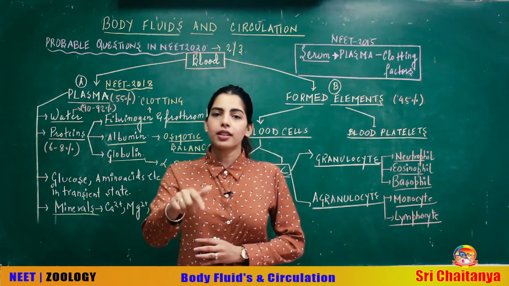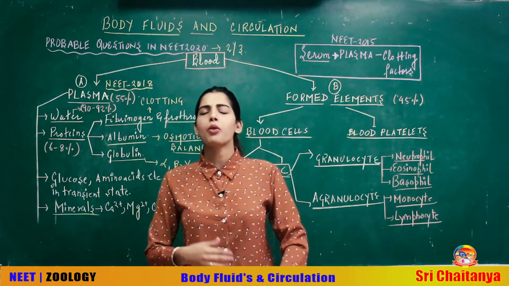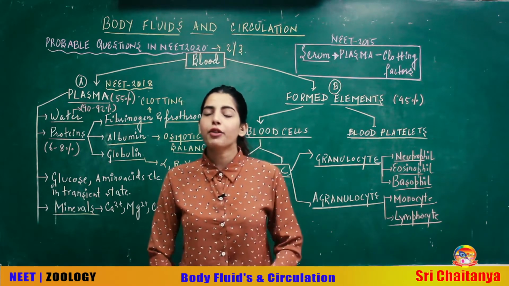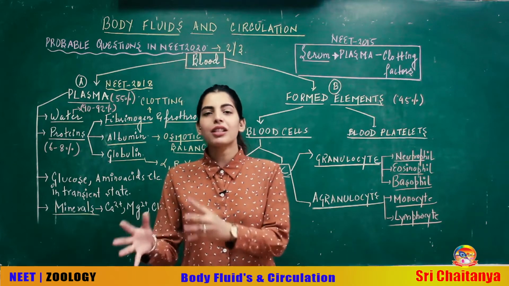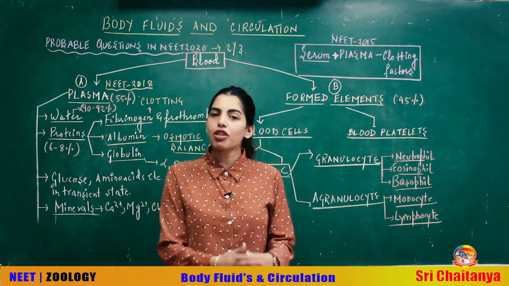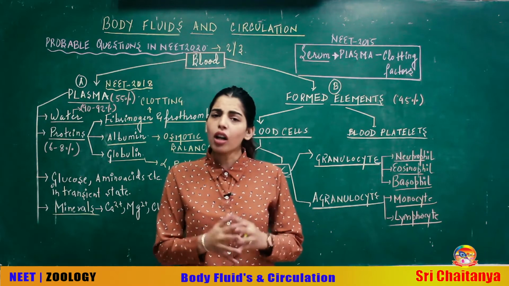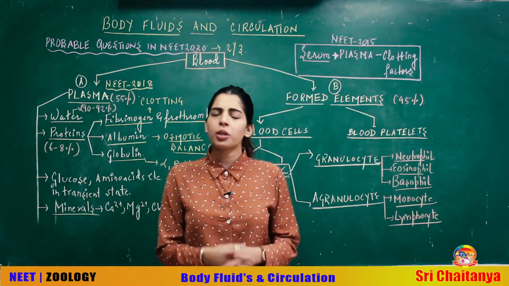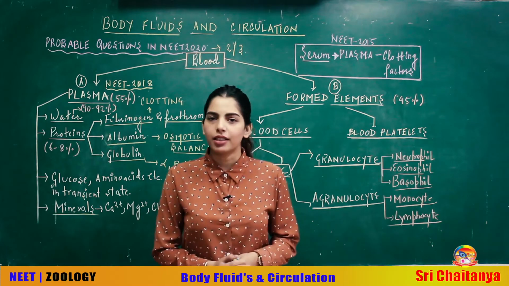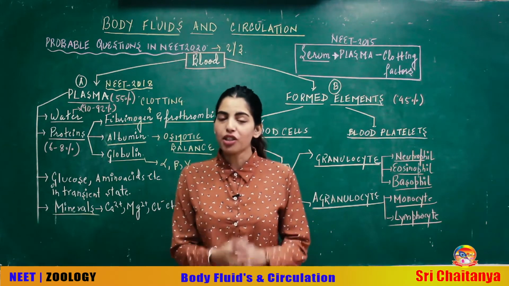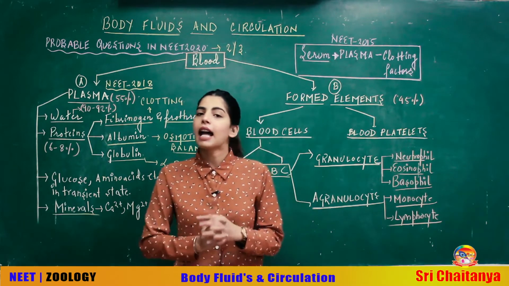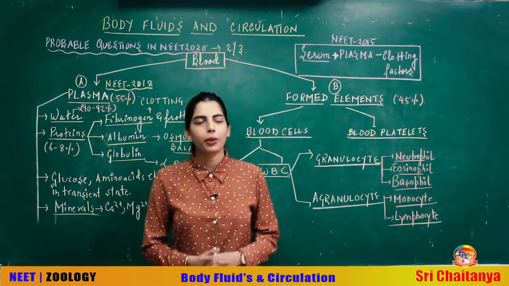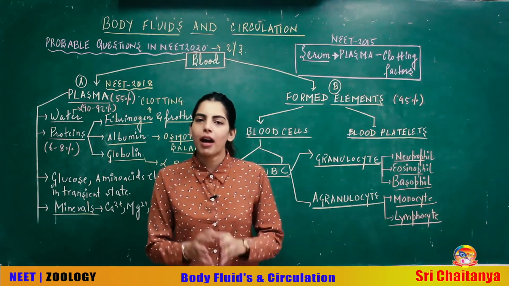We studied how oxygen comes in and diffuses in the breathing and respiration chapter, which helps in the oxidation of food, but also how this oxygen is being transported. For transportation you need a medium, and that medium is your body fluid. Mainly we are talking about blood.